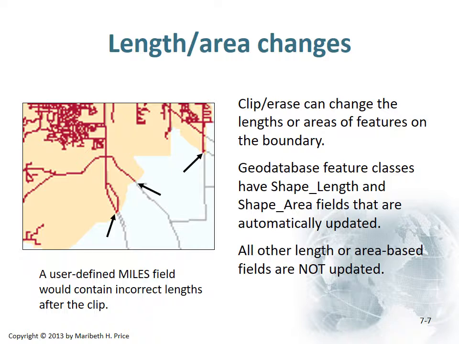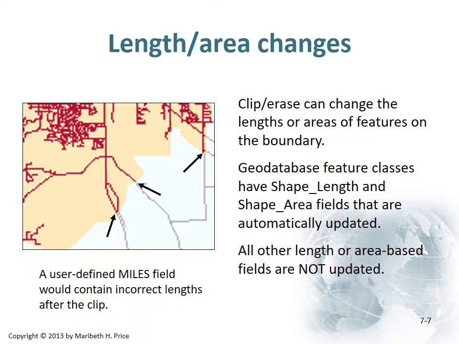An important thing to note here about using clipping and erasing and other types of geoprocessing is that if you're working in shapefiles or you're working in geodatabases, there's a real fundamental difference between them. Geodatabases store vector data as feature classes or feature classes within feature data sets.